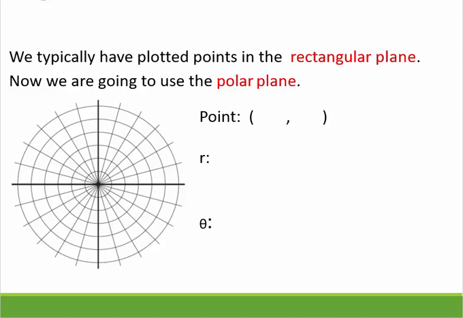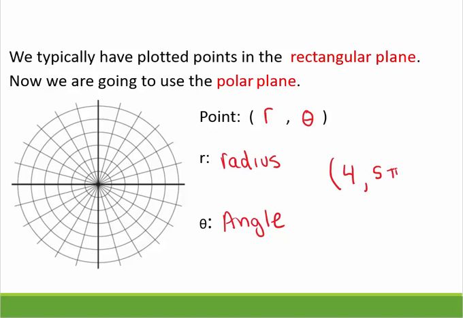So, just as a refresher, remember we have a polar grid where you have a point that is an r and a theta. And so you have a certain radius that you go out and a certain angle that you rotate to. So say we had the point of 4, 5 pi over 3.